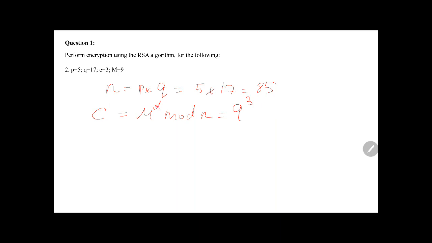Note here, this is not a D, this is an E. A D here means it's a private key. It works just the same like E. So here we have the public key to use in encryption. So it's M power E modulus N. So it's 9 power 3 modulus N, which is equal to 85.